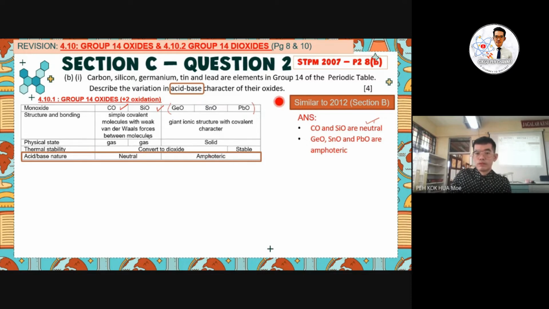They will be amphoteric, because they are giant ionic structures with covalent character, so that will be the second mark.